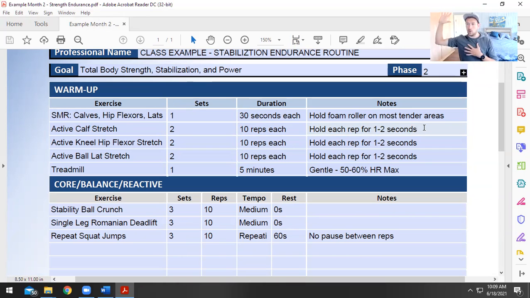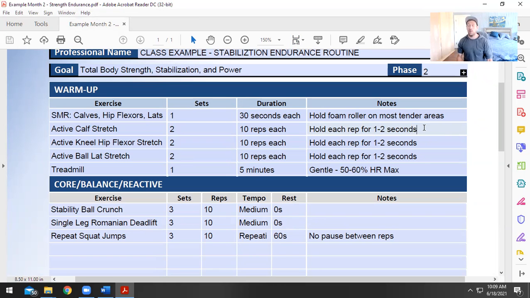If I go like this and I hold it for 30 seconds, that's a static stretch. But if I pull myself into a stretch for 1, 2, and then I release the tension, and then I pull it into a stretch for 1, 2, and then I release the tension, and I do that for 10 reps, that's an active stretch.